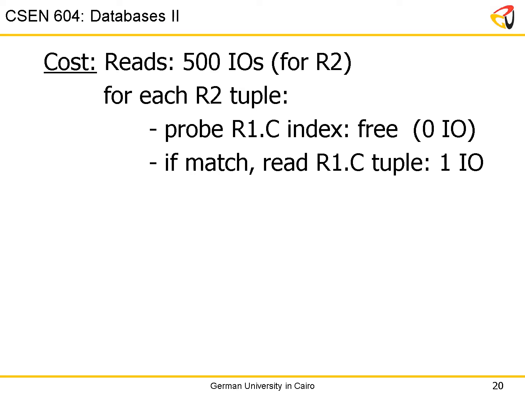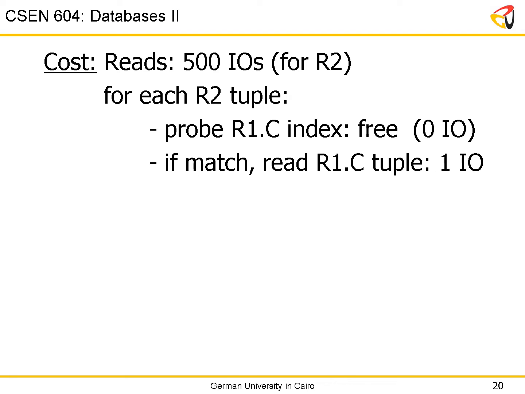This will repeat every time I'm querying the R1.C index. At one point I might be asking, does R1.C have 20? It tells me, yeah, 20 exists, and it exists in this page on disk. So I go and load the page. The next time, because I'm reading from R2, the next row might be the value 700.